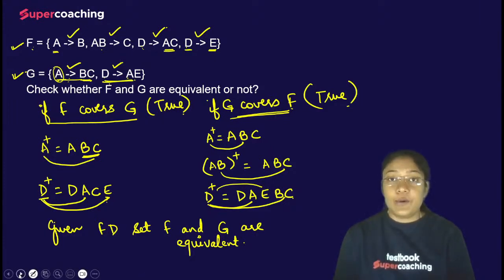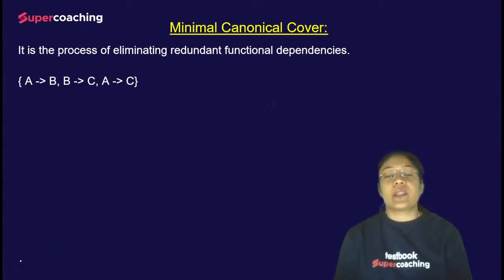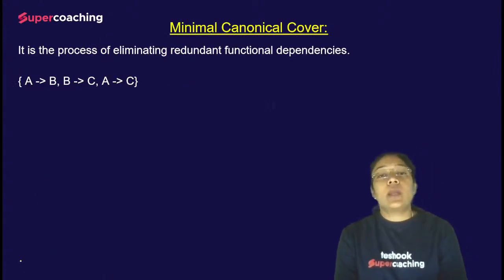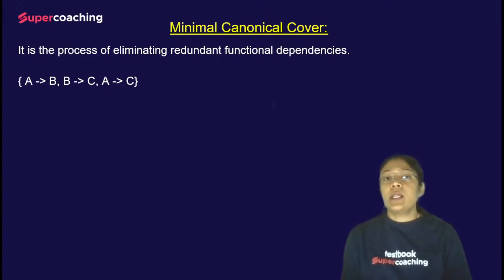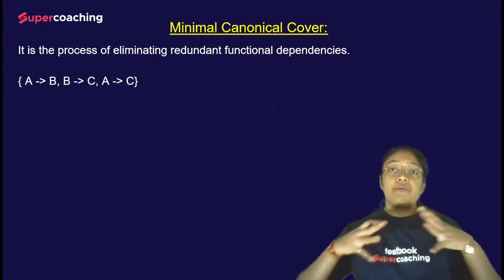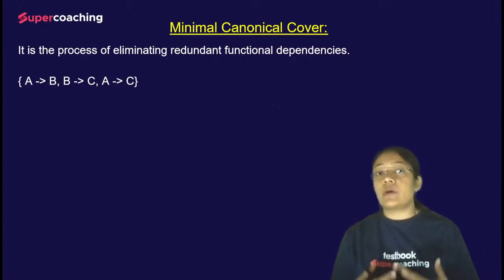Again, no confirmation. Okay. So you can expect a straightforward question on the basis of the minimal canonical cover. In fact, we have come across questions on minimal canonical cover when we were discussing the previous year questions. A minimal canonical cover, as the name itself suggests, means we want the minimum number of attributes and the minimum number of functional dependencies.